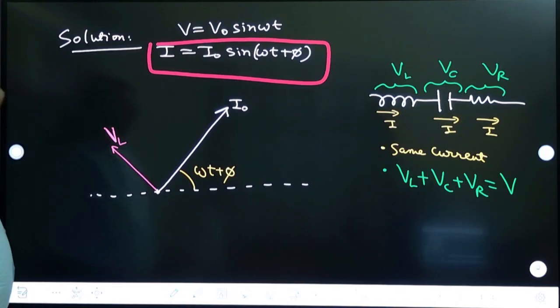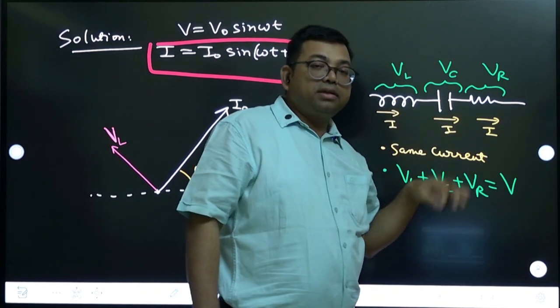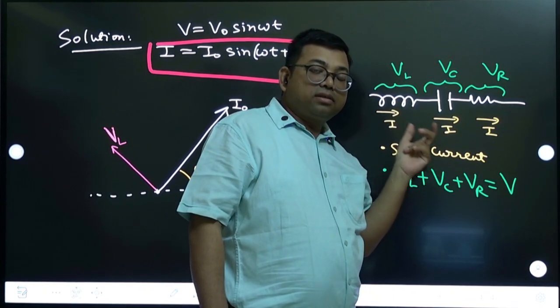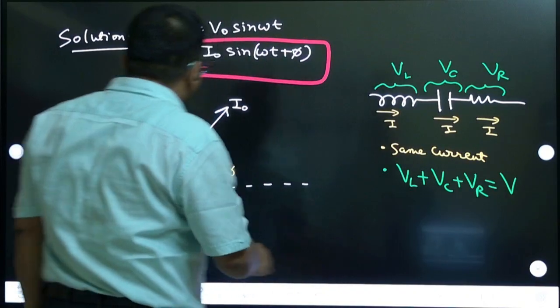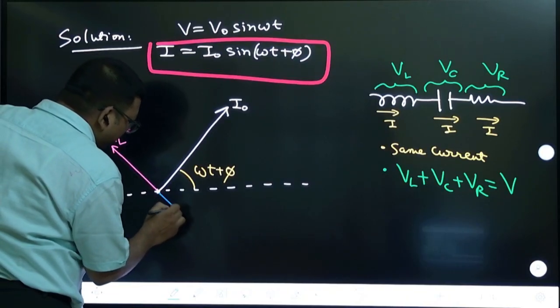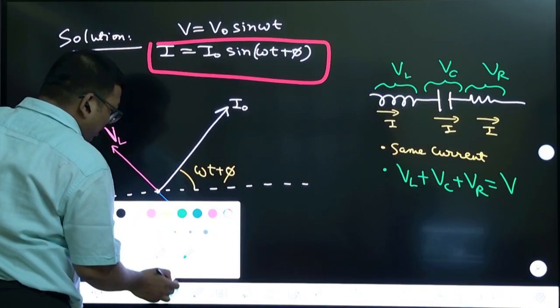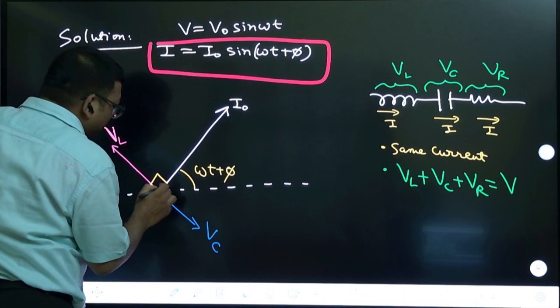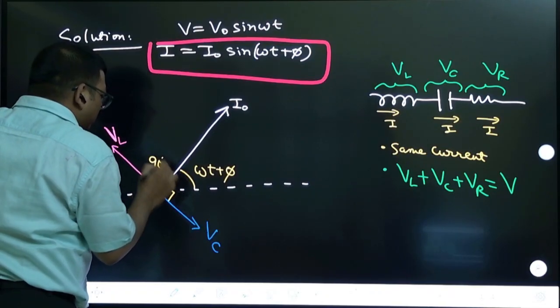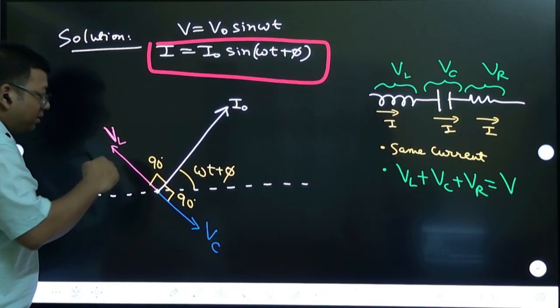Same way, in a capacitor, current is leading and voltage is lagging. So voltage will be lagging by 90 degrees. Let us say this is VC. Note that these angles have to be 90 degrees on both sides, because from the same current it is leading and lagging.